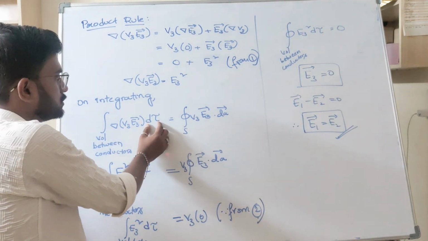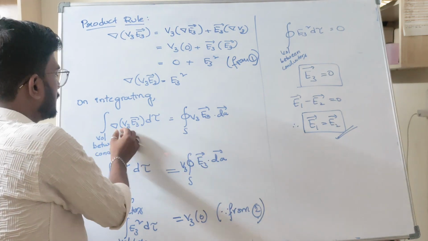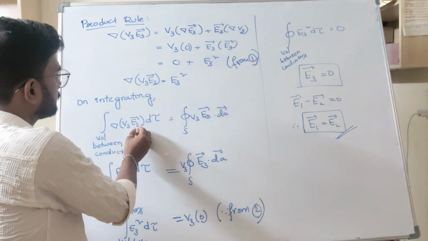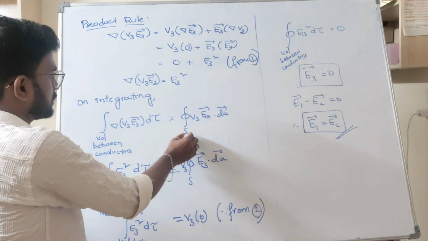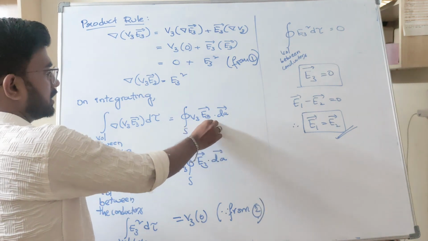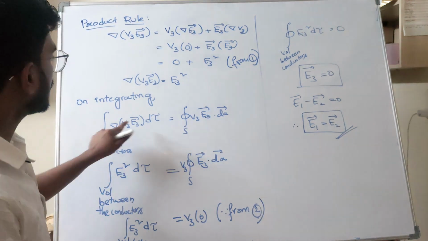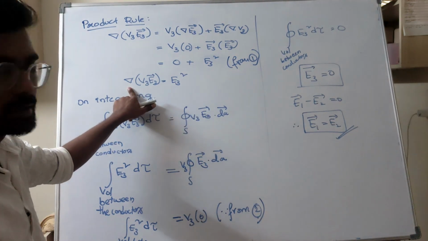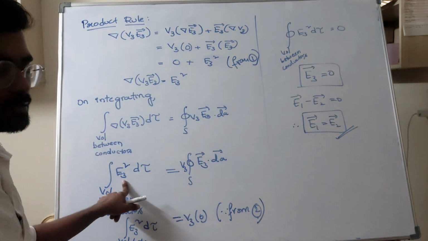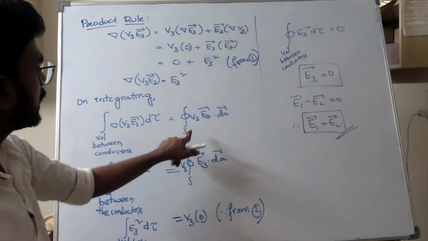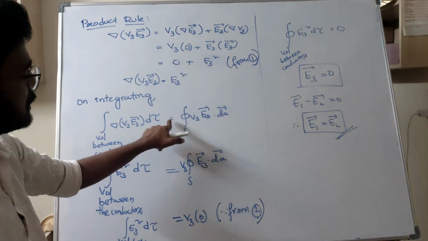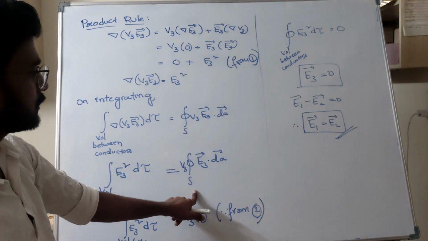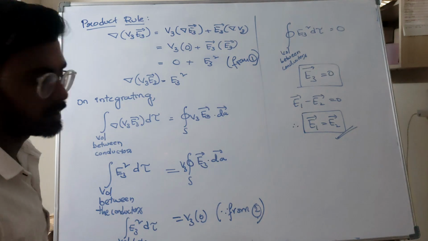So the integral of E3 square d tau is equal to V3, taken outside, times the surface integral of E3 dA bar.